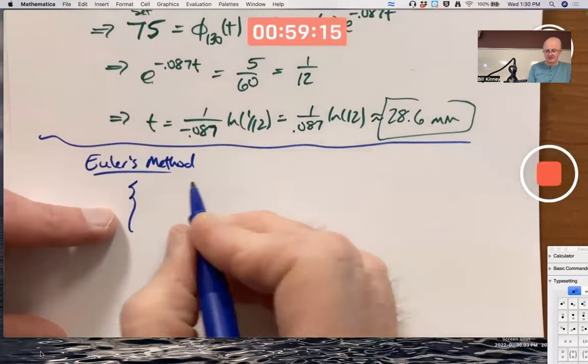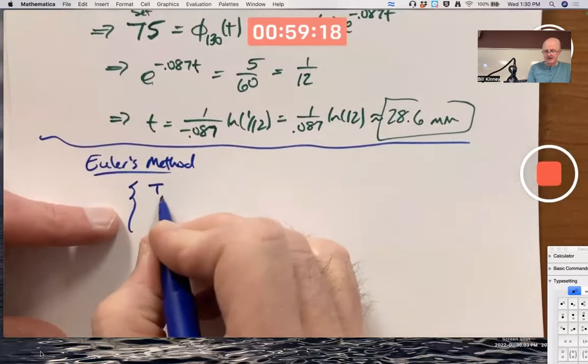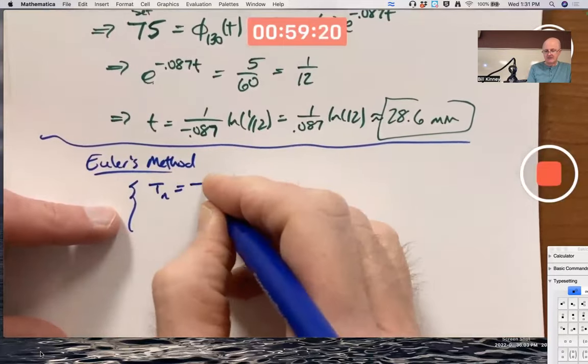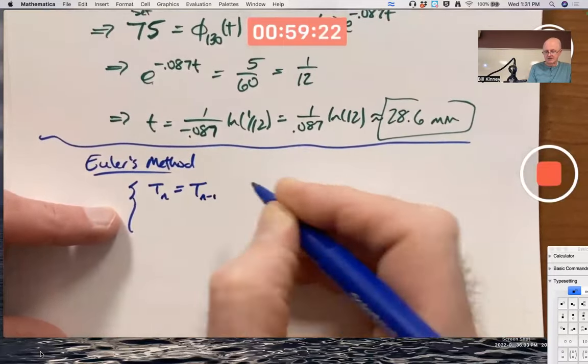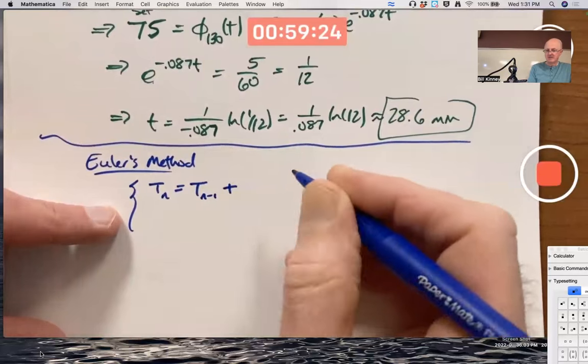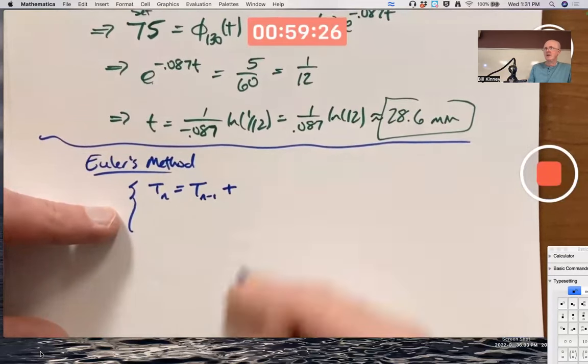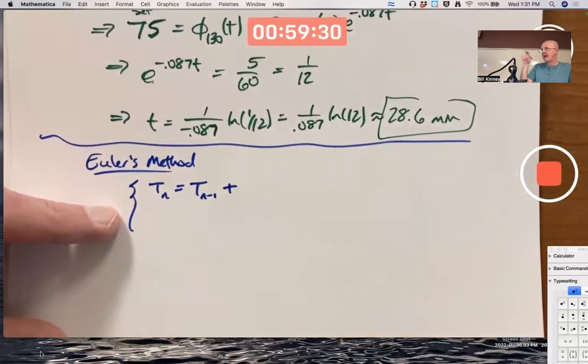Capital T sub n would be the previous value of capital T, these are temperatures, plus the change in capital T, which came from the slope field, right? Using linear approximation, tangent lines to solutions based on the slope field interpretation.